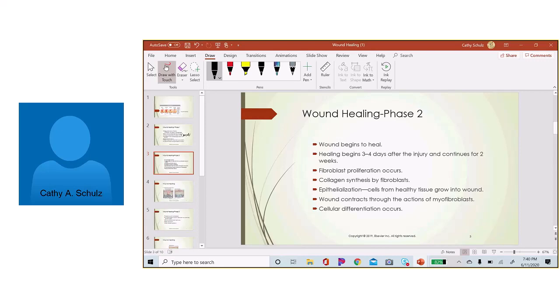And in that, if you can recall from our first class, in the extracellular matrix, there is pieces of collagen and fibrin that are available to proliferate if needed in order to help heal in a wound.